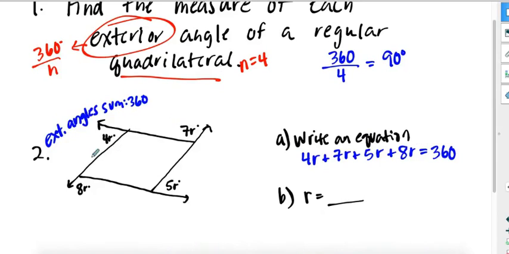So noticing that these are on the outside, they'll always be 360. Then to solve for r, I get 24r equals 360. Then I divide by 24, and I get r to be 15.